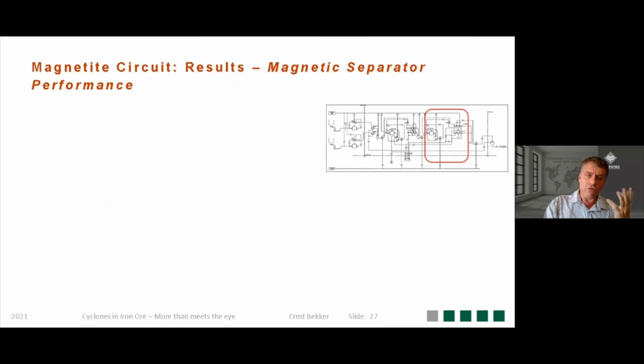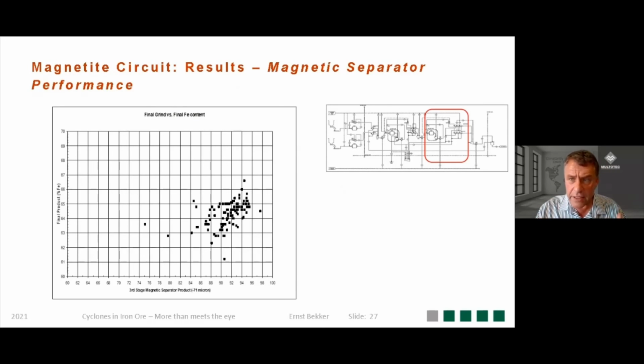Now that started off when we started to look at the third stage magnetic separator section. What you've got now is the amount of minus 71 micron going to the magnetic separator, compared to the final product being produced by the magnetic separator. And you could see that the finer the material becomes, the better the iron ore content should be, which makes sense.